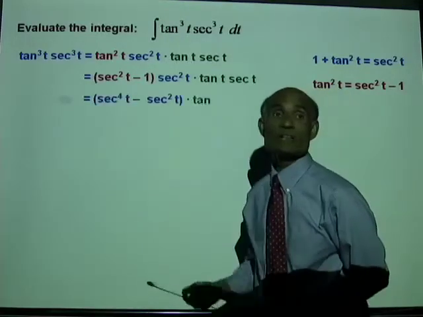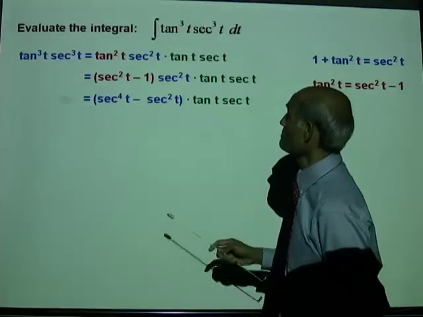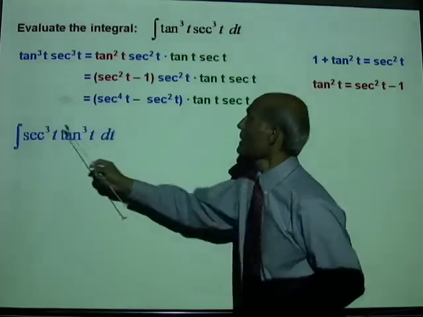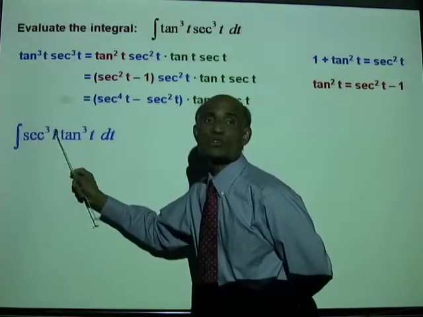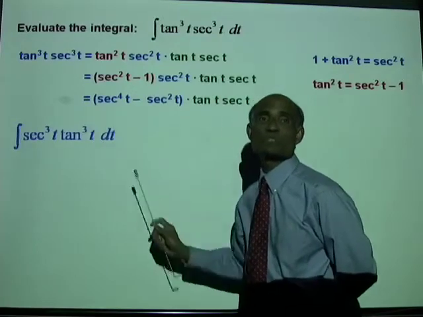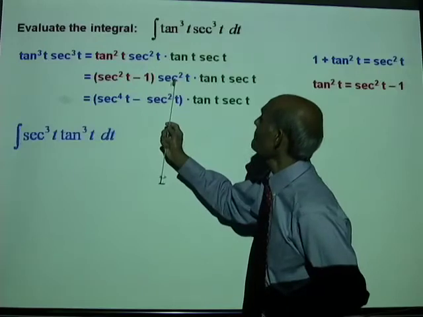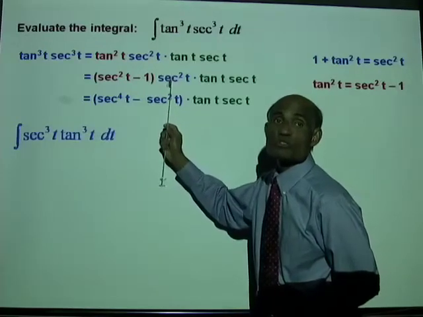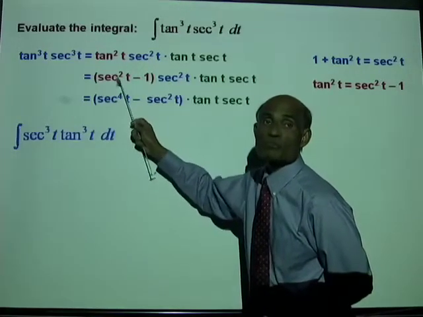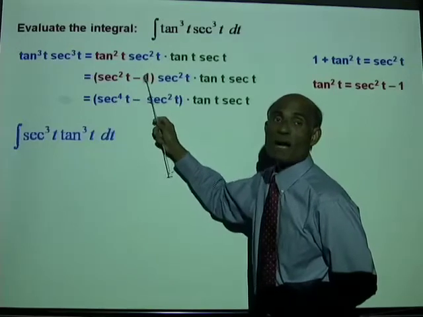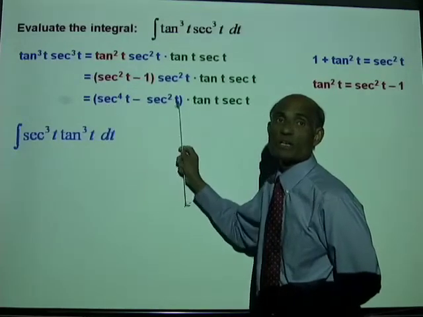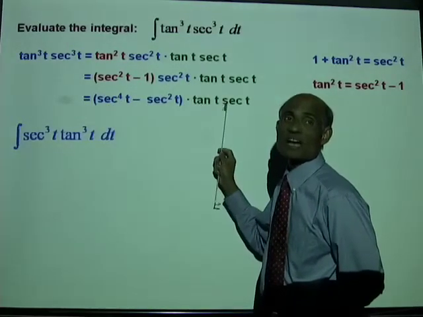Alright, let's now take the integral and deal with it. So, the integral of secant cubed t tan cubed t is now, look at this, I also distributed the secant squared t. This is secant to the power of 4t minus secant squared t times secant t tan t.